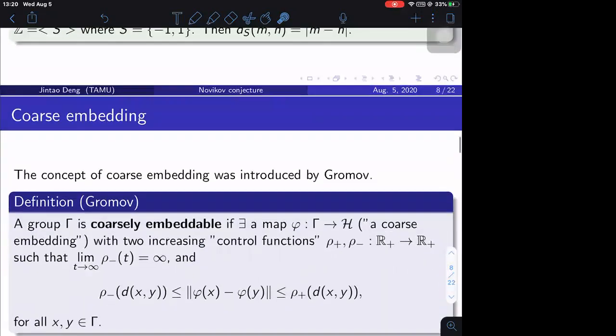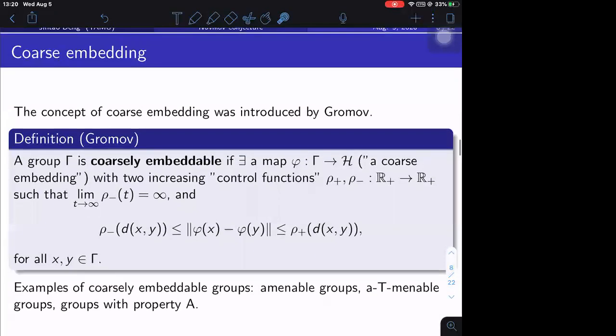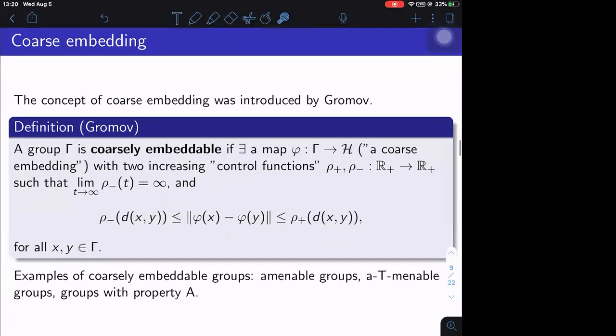So if we are given a finitely generated group, we will have a left invariant metric, and now we can consider the geometric properties of this group. A very important concept in geometric group theory is coarse embedding. It was introduced by Gromov.